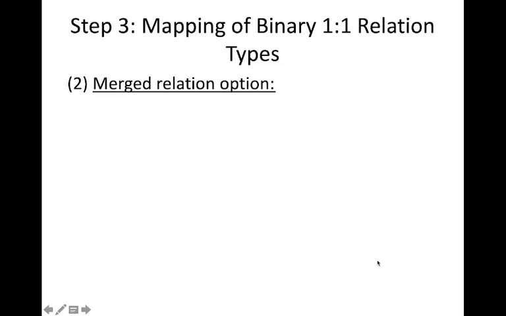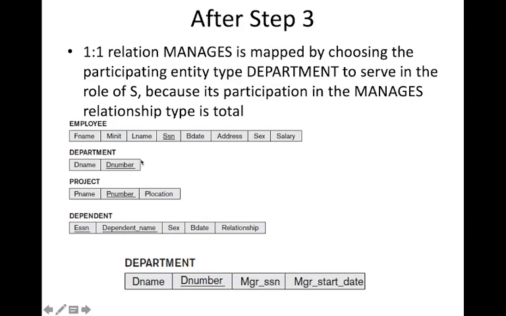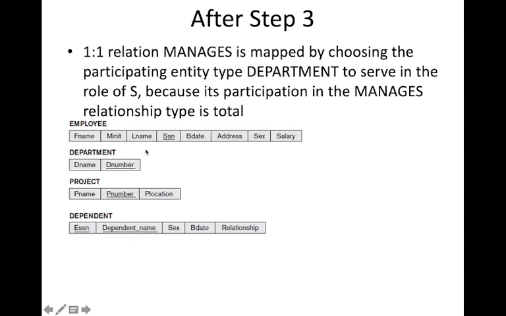In this approach, we have employee, department, project, dependent, and we will form a new table. We can call it anything, say M department. In that table, we will include the primary key of department and employee. So we will include D number and SSN, and we will form a new table.